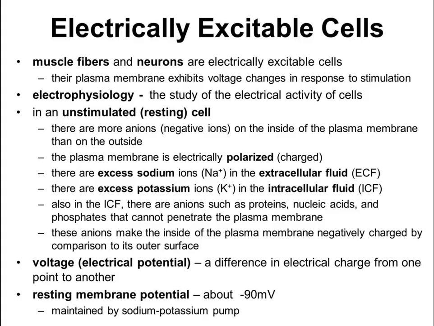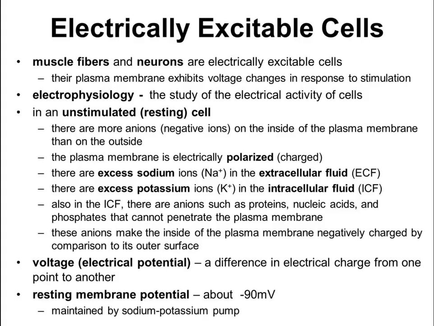Also, in the intracellular fluid, there are anions such as proteins, nucleic acids, and phosphates that cannot penetrate the plasma membrane. These anions make the inside of the plasma membrane negatively charged by comparison to the outer surface.